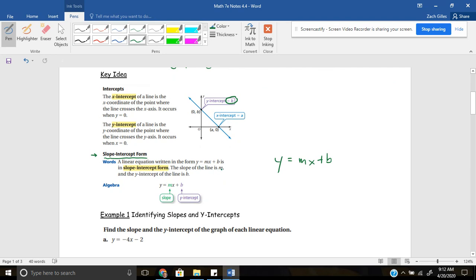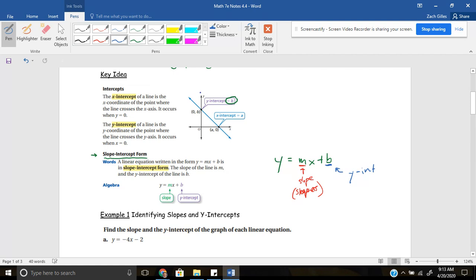So here's our formula that we're going to be using. The slope of the line is m, and the y-intercept is b. So the slope is m. This tells you your slope. Remember, the slope is the steepness of your line. And b, that is your y-intercept.